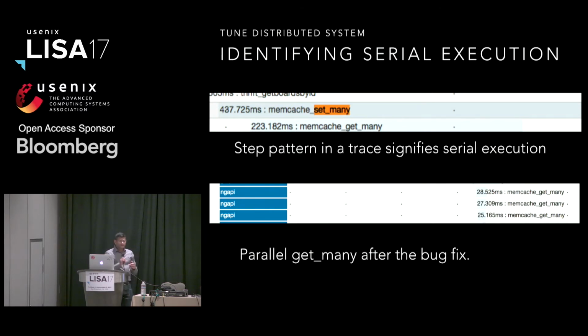But just because you have a step pattern, it doesn't mean that's an opportunity for parallelization, because the computation inherently can be serial, right? But in this specific case, memcache calls were all supposed to be executed in parallel, but the getMany call was always executed serially.